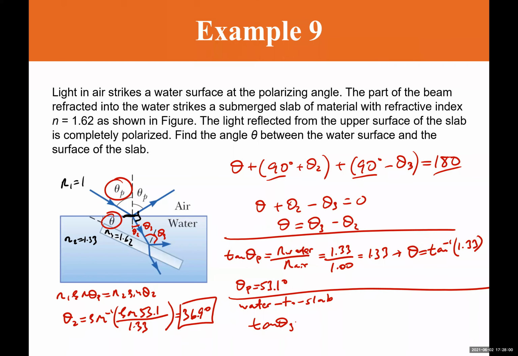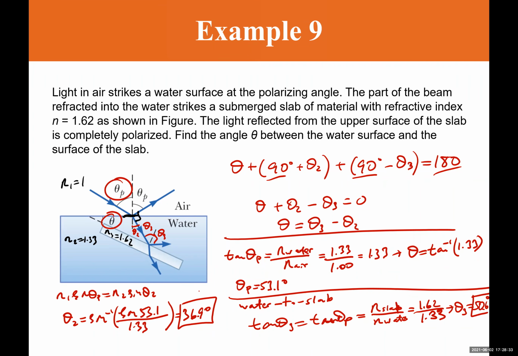So this is equal to tangent of theta p, which is equal to the index of refraction of the slab divided by the index of refraction of water. And we have that information, right? So it's 1.62 over 1.33. So then using that, we can calculate theta 3 to be 50.6 degrees. So we got that as well.